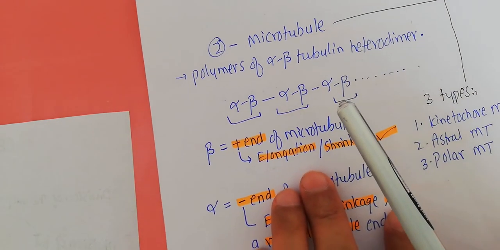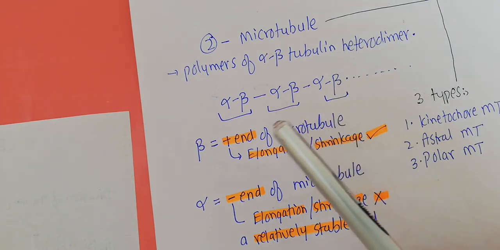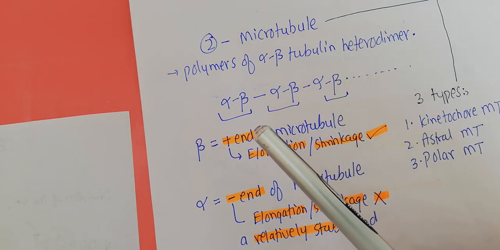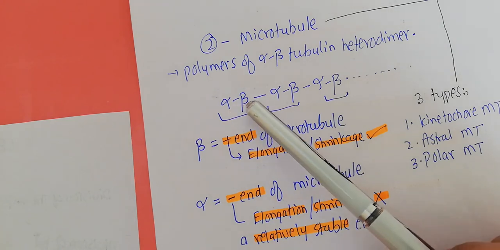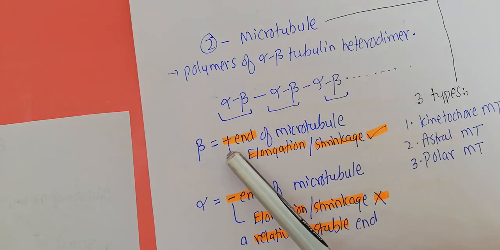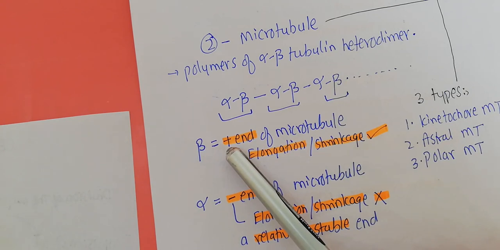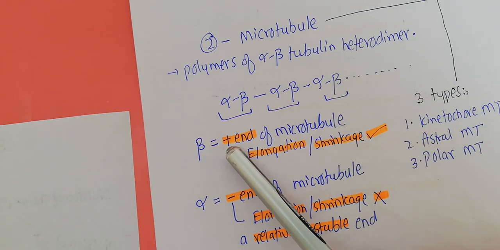These microtubules have two ends. The beta tubulin refers to the plus end of the microtubule. Now this is not the mathematical plus and minus; here the meaning of plus and minus is a little different.